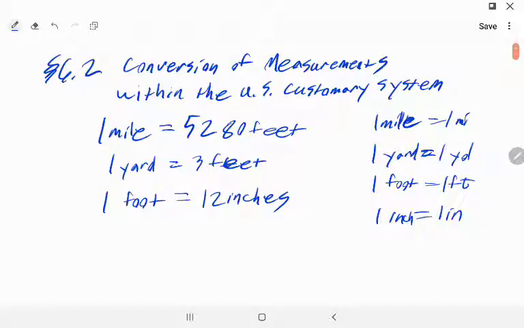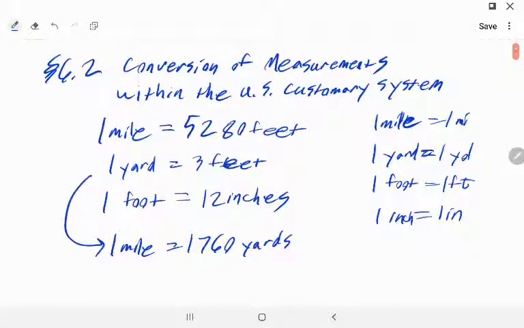So you actually notice that the 1 yard equaling 3 feet also lets us know we can also write 1 mile as being 1,760 yards. That's also perfectly valid.